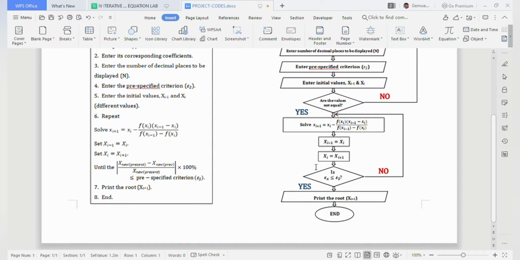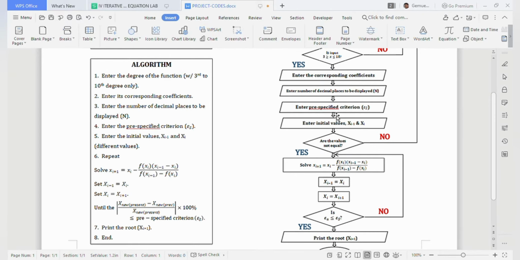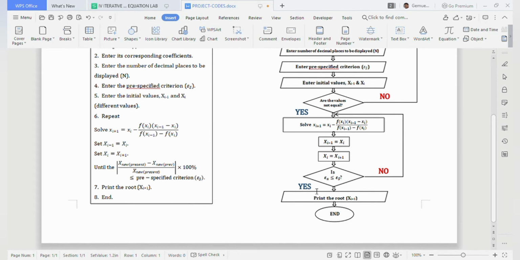Here the program will ask again, is the approximate relative percent error less than or equal to the pre-specified criterion? If yes, it will print the root x sub i plus 1. If no, we'll start again here by solving. And after we print the root, this will be the end. And that's all.